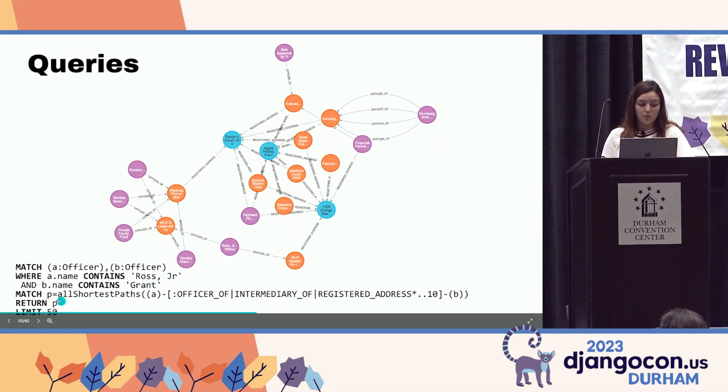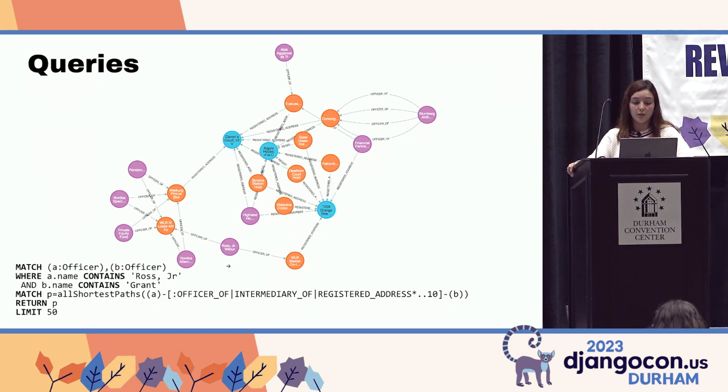And this is how we use allShortestPaths, and this will give you all the shortest paths navigating through these relationships, with a maximum length of 10. And then we return it. So it's quite interesting how we can visualize the data.